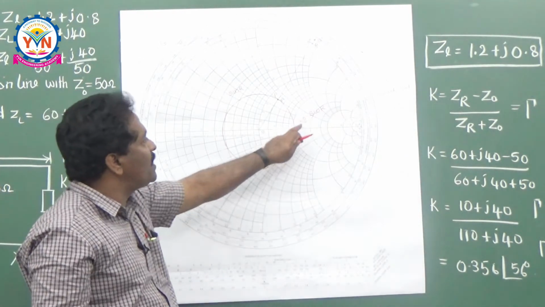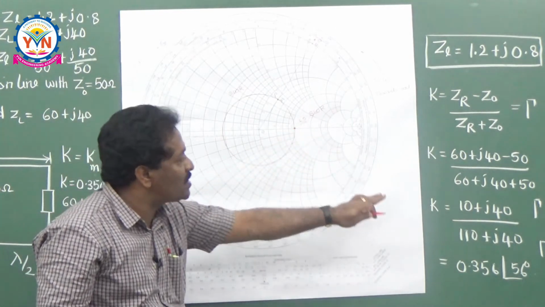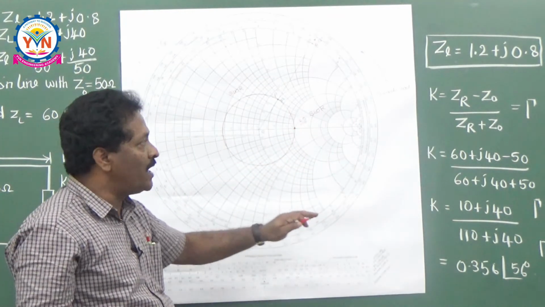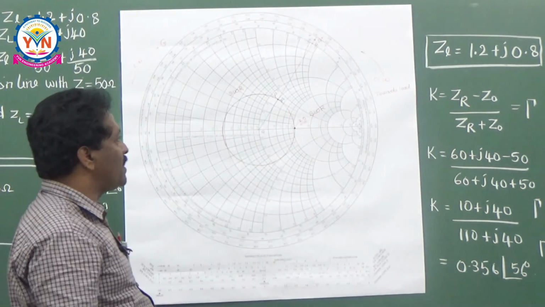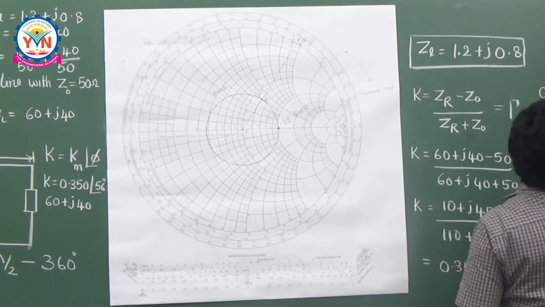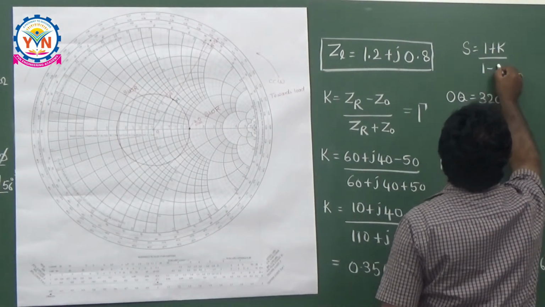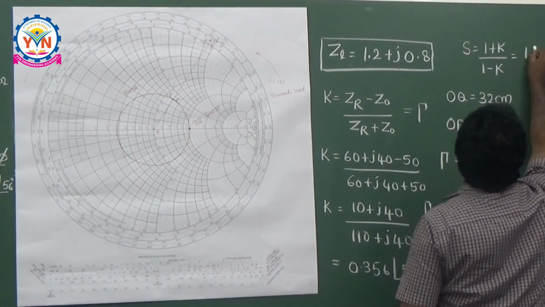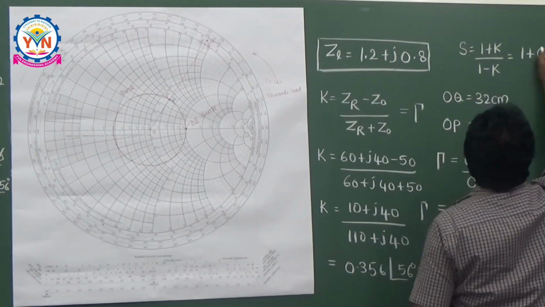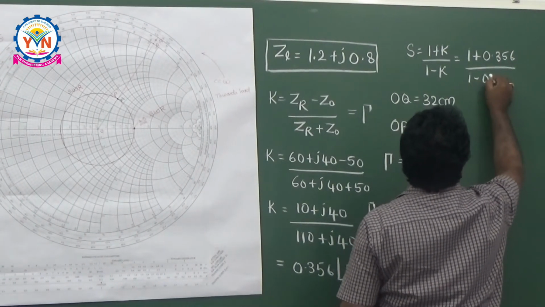So happily you can check whether it is correct or not, because you know already the reflection coefficient is calculated here. Therefore, how to calculate S? S is equal to 1 plus k divided by 1 minus k. Therefore, it is equal to 1 plus 0.356 divided by 1 minus 0.356.